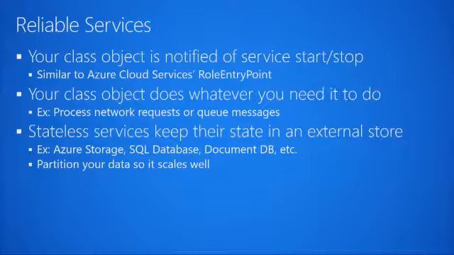The other thing your service could do is, instead of having any listeners at all, it could be polling a queue to pull messages out of it and then process those messages. And of course, a service could do both. You could have listeners, and you could also be pulling messages from a queue or grabbing some data from some data source like a queue. And you can do whatever you want to in any of these services.